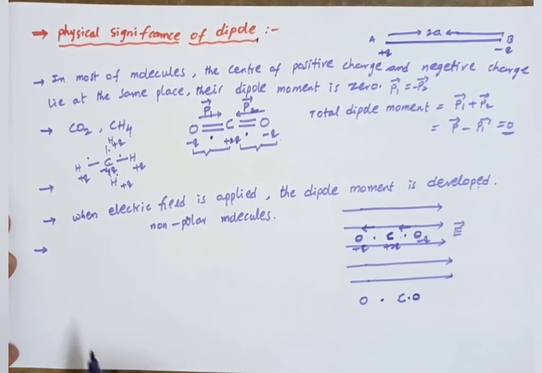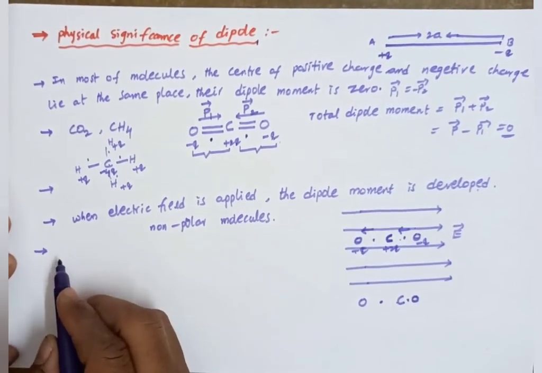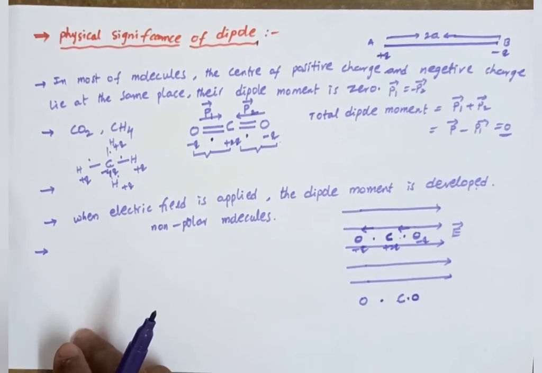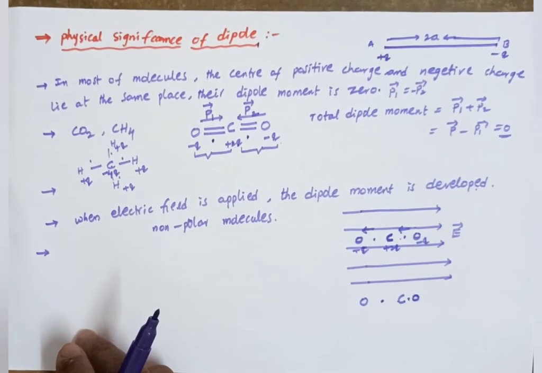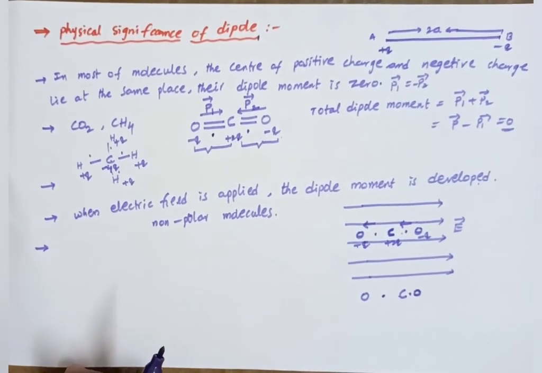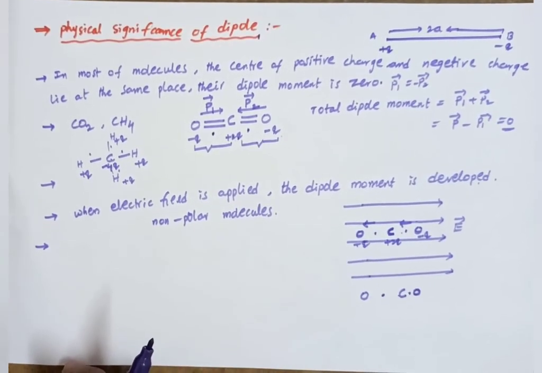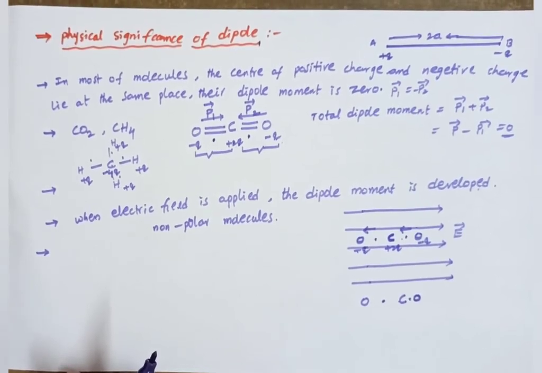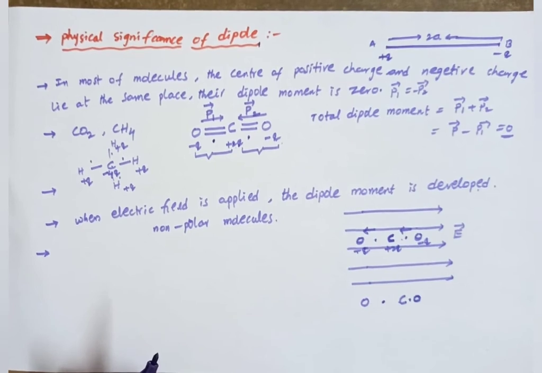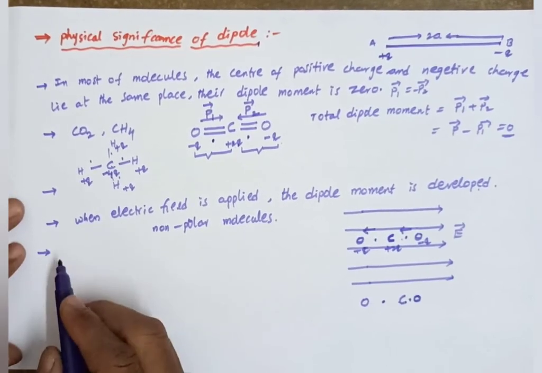So some molecules, the center of the positive charge does not coincide with the center of the negative charge, therefore they have a permanent electric dipole moment even in the absence of electric field.